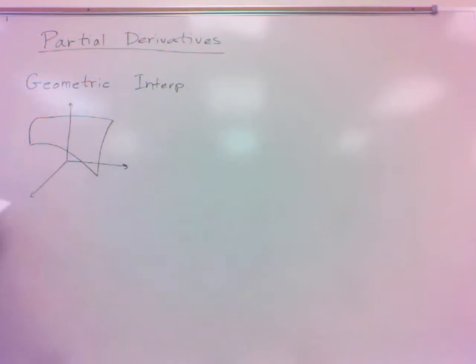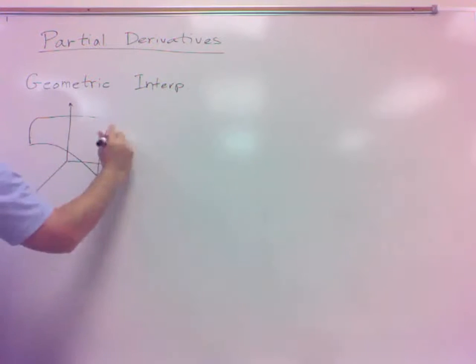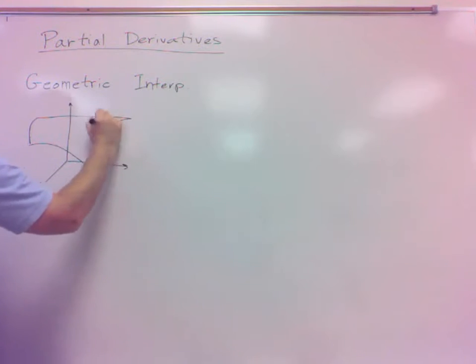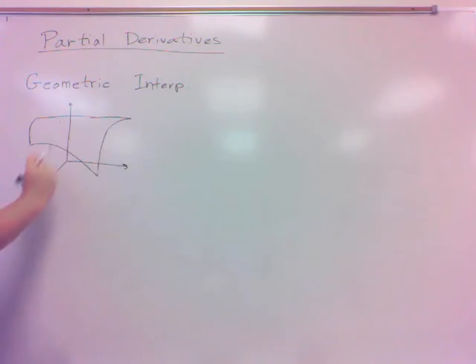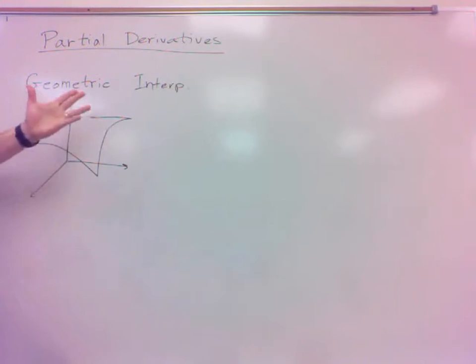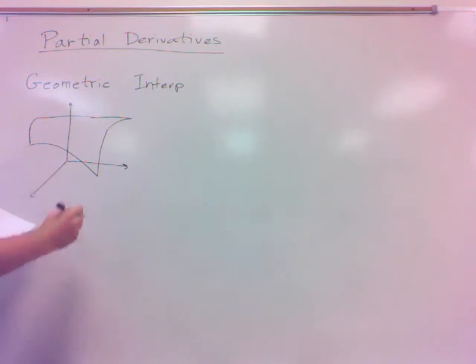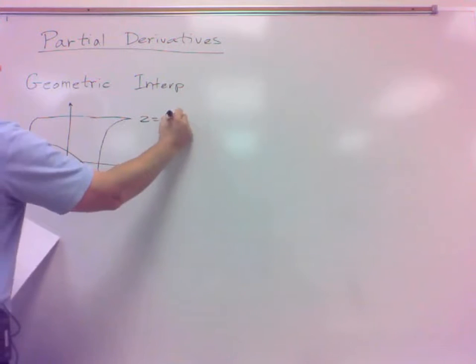Maybe I should make this a little more curvy there. Okay, so we've got this rounded shape. Use your imagination there. All right. Now, this is our surface z equals f of x y.